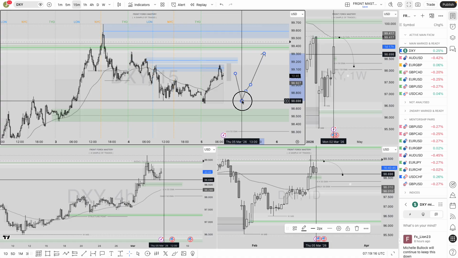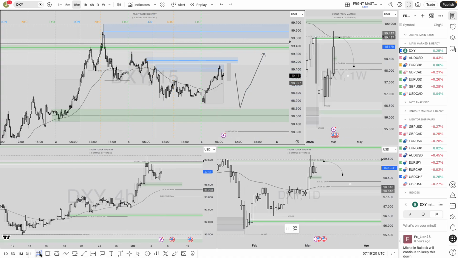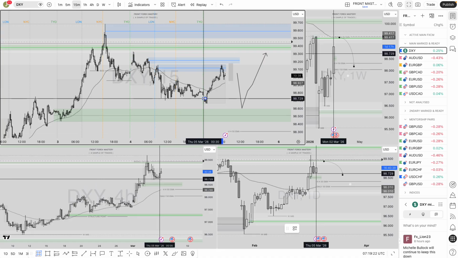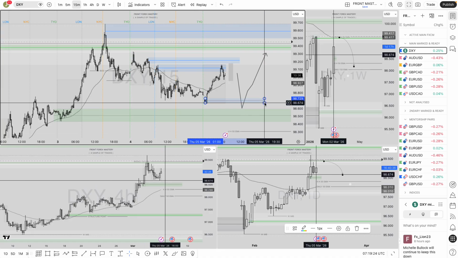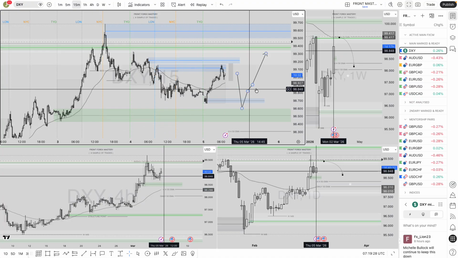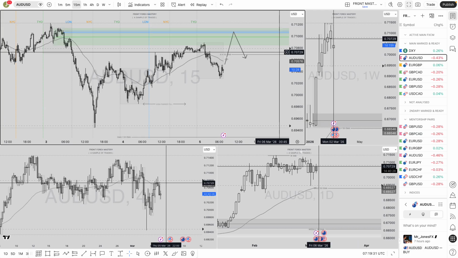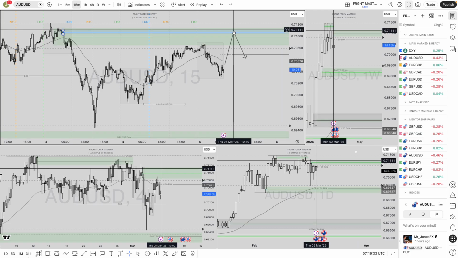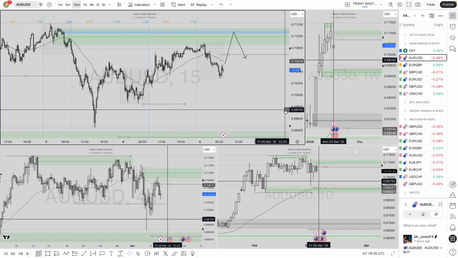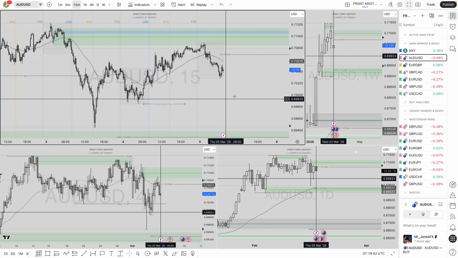If the DXY continues its bearishness, where could it find some points of interest for a potential turnaround? We could look at this imbalance here, or more so that 4-hour order block just down here. So this is DXY weakness that we would then hope would allow price to be driven further up into a point of interest for a short. So we are correlating now with the DXY in line with what we'd expect as standard.